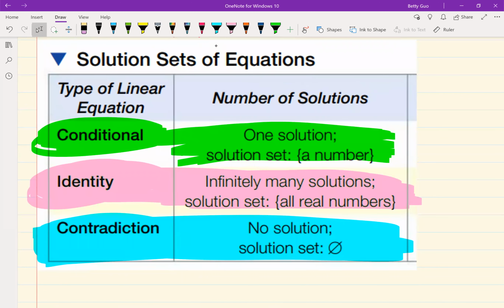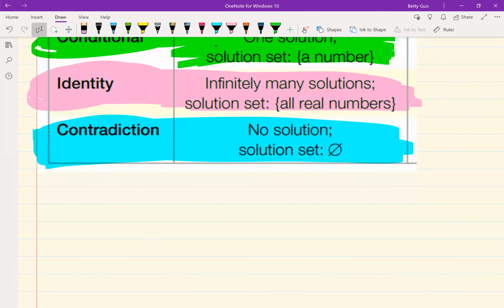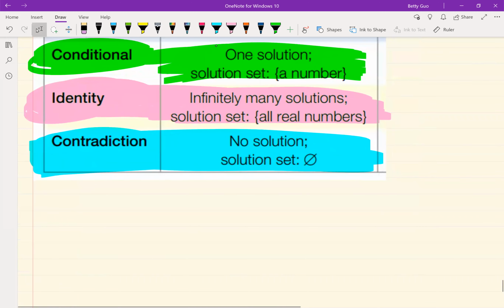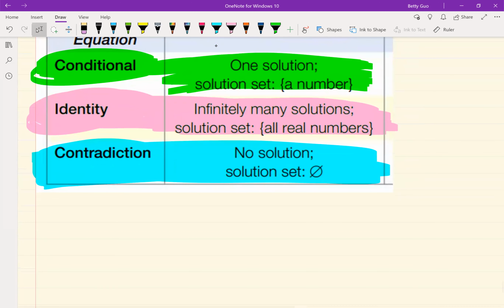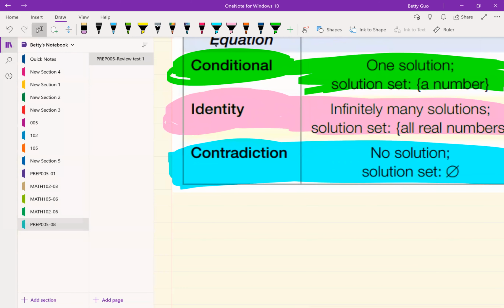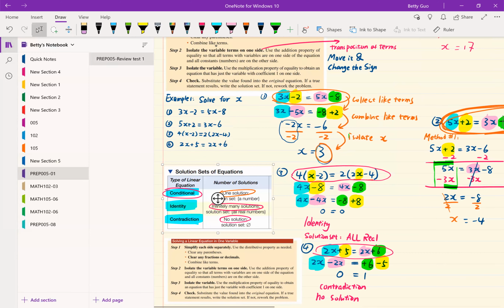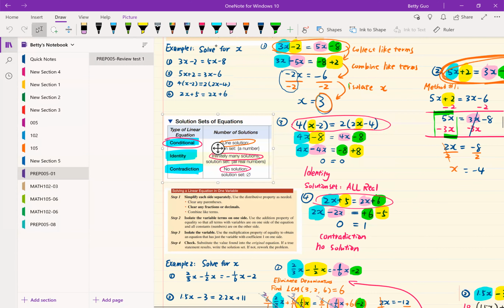How do we classify linear equations in one variable? We have three types of linear equations in one variable. Please look at those examples and redo those examples. Let me see if I can find some practice for you.